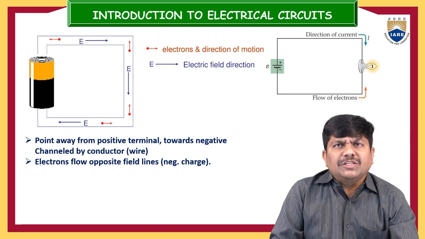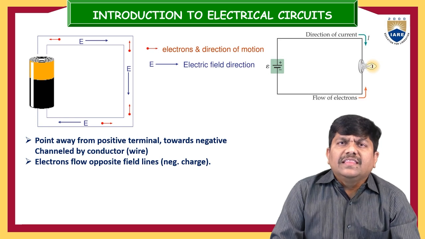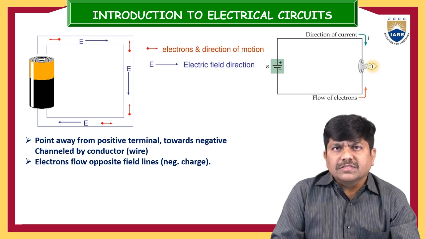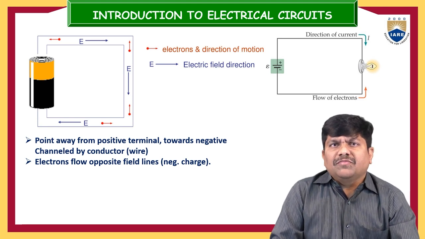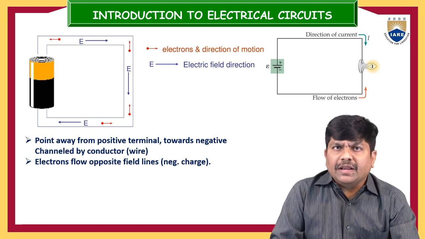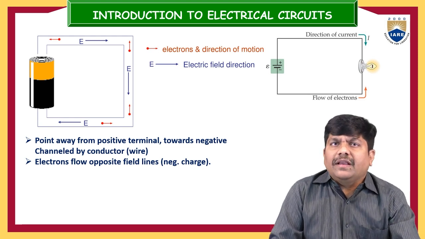At the same instant, from the negative terminal of the battery to the positive terminal, there will be a flow because of the free electrons, which are negative charge particles. So negative charge particles always flow from the negative terminal of the battery to the positive terminal by means of the external circuit, not through the battery itself.